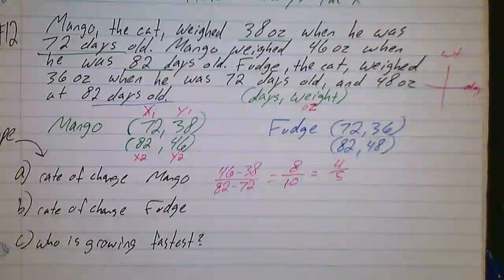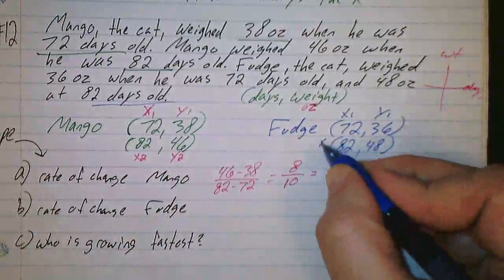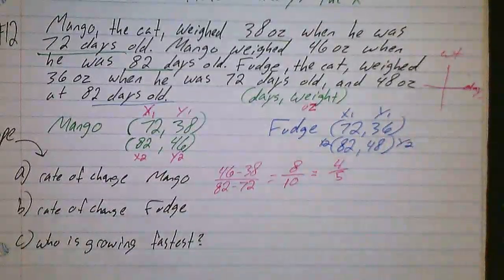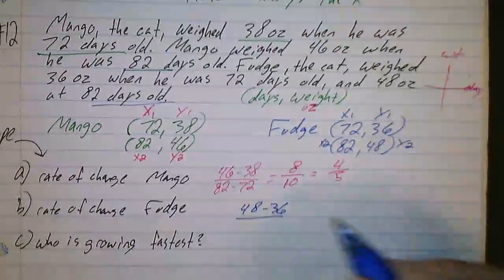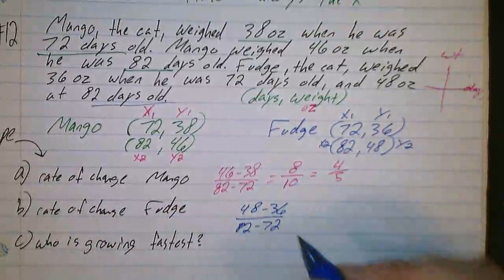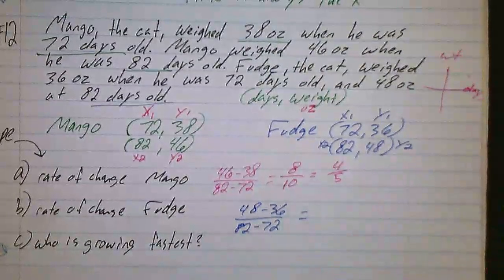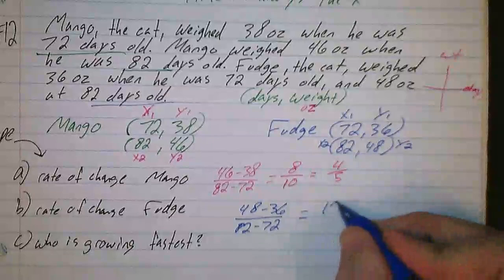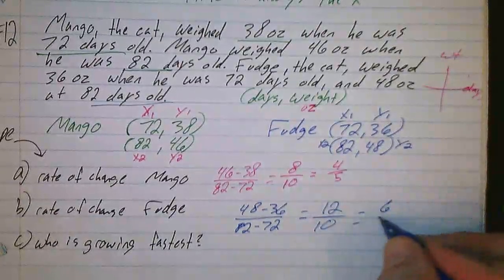So we'll look at the rate of change for Fudge. For Fudge, we have our x1, y1, our x2 and y2. But y2 minus y1 over x2 minus x1. So we put that in the calculator. 48 minus 36, we get 12. 82 minus 72 is 10. Simplify that to get 6 over 5.